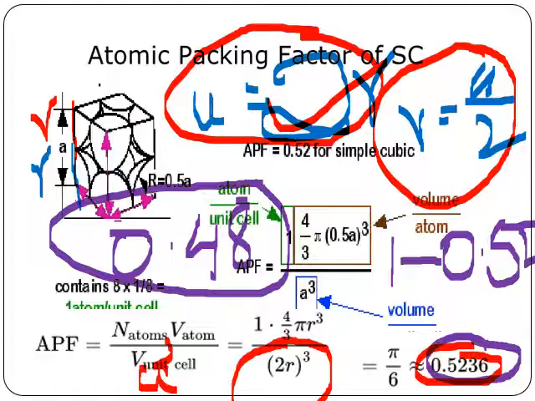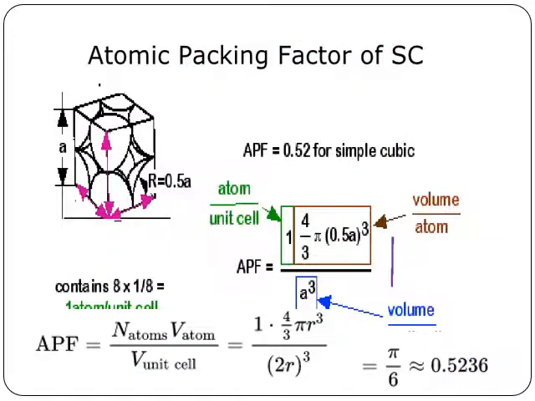If you talk in percentage, the atomic packing factor for a simple cube is 52%, and the void or the free space present inside the simple cube is 48% or 0.48. So that's how exactly we can calculate the atomic packing factor for a simple cube.